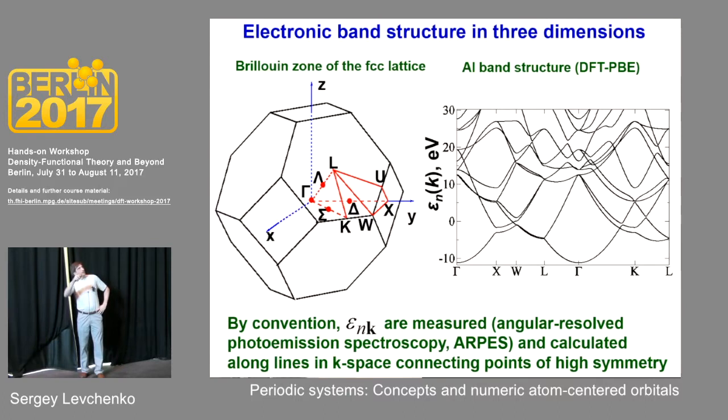Here is an example of an aluminum band structure. So this is called the band structure, what we obtain after this procedure. And this is calculated with the PBE functional. So you can see this complex electronic structure.